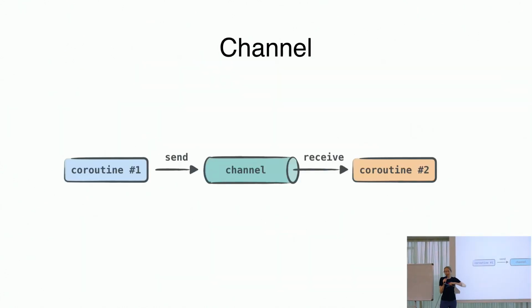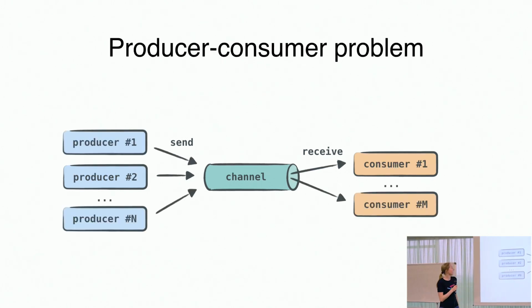So channel is a very simple thing. One coroutine can send information to it, and another coroutine can receive information from it. It solves the typical classical producer-consumer problem.